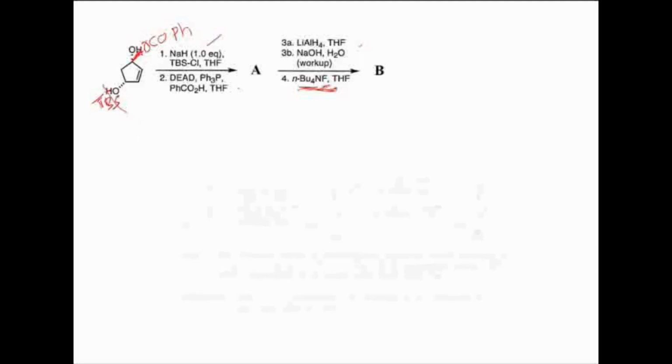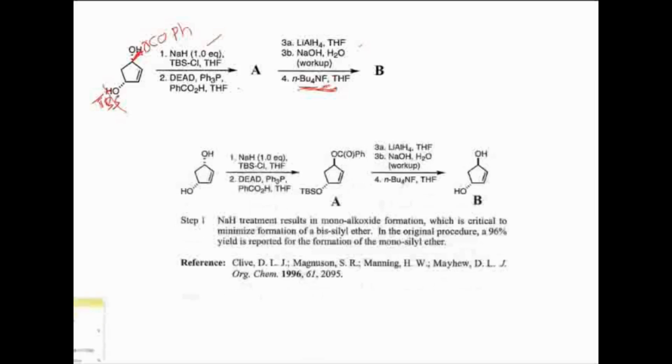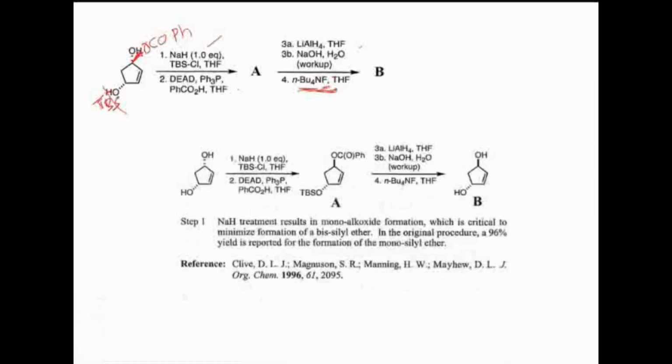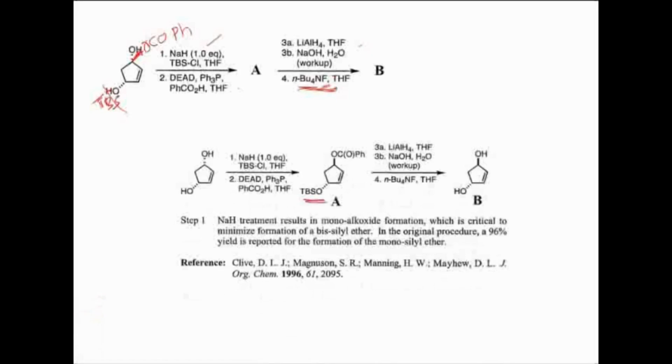So OTBS, and then we are getting this, and esters are reduced to alcohol, and then the final step, OTBS is deprotected. So these are allylic alcohols. They are very good substrates for Sharpless asymmetric epoxidation and all. Okay.